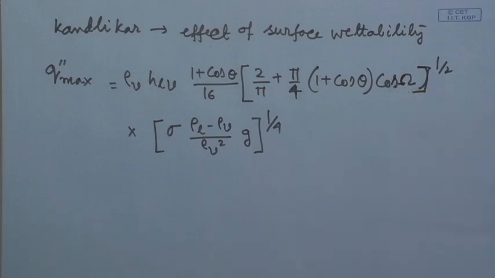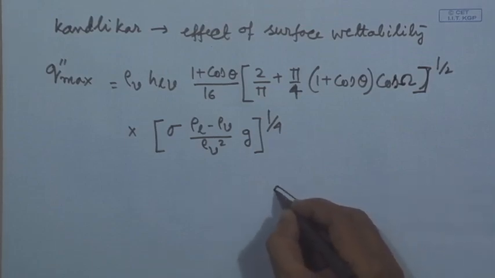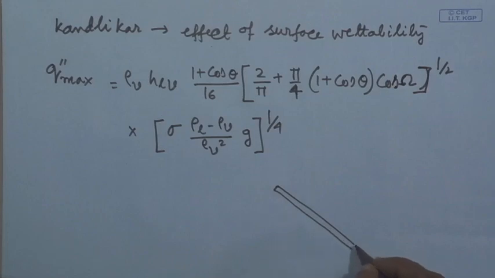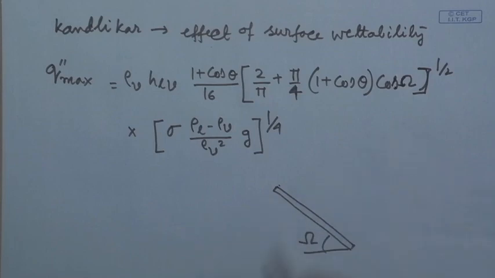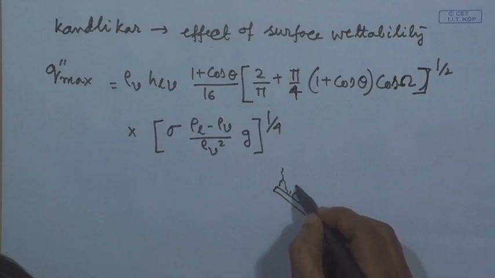Capital omega takes care of the inclination of the surface with the horizontal. That means this particular expression is not only valid for a horizontal surface, it is also valid for critical heat flux from a surface which is inclined at an angle capital omega with the horizontal, and let us say this kind of vapor release pattern is there.